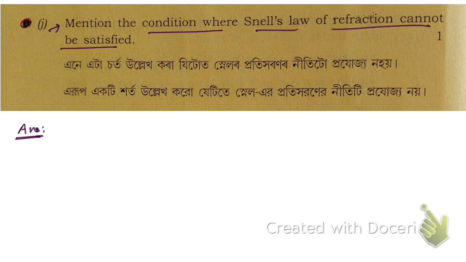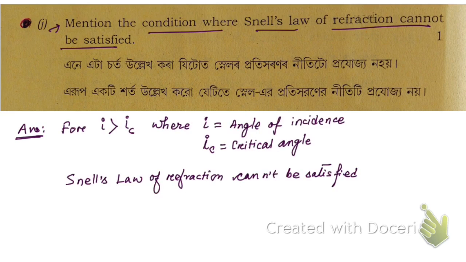So let me write the answer: i greater than ic, where i is the angle of incidence and ic is the critical angle. If the angle of incidence is greater than the critical angle, then Snell's law of refraction cannot be satisfied. This was asked in 2025.